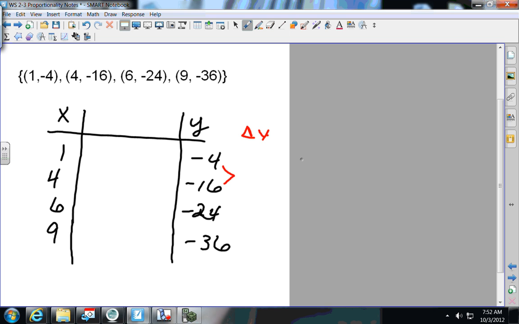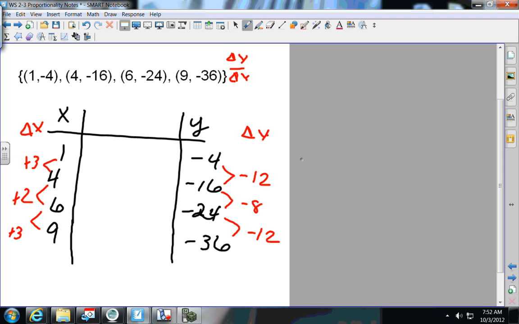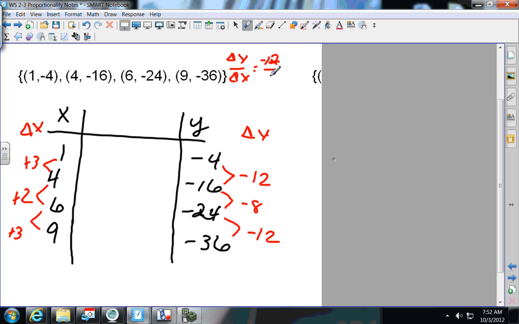The change in y right here, we're getting more negative: negative 12, negative 8, negative 12. Delta x is plus 3, plus 2, plus 3. If I do delta y divided by delta x, I get negative 12 over 3, which is negative 4.